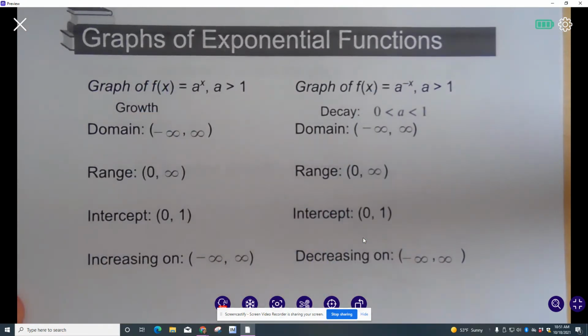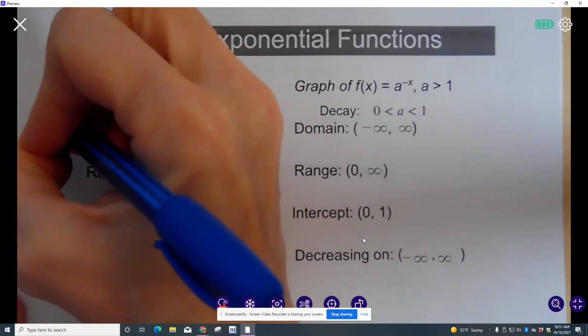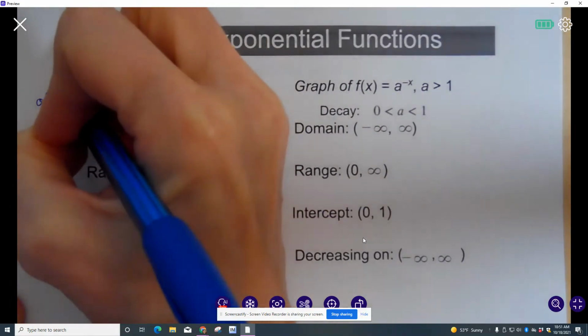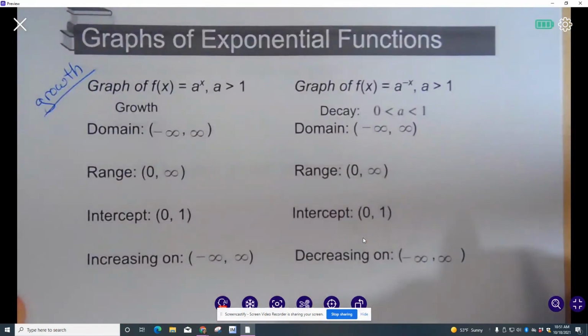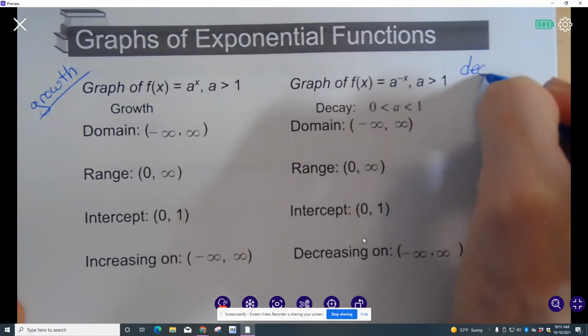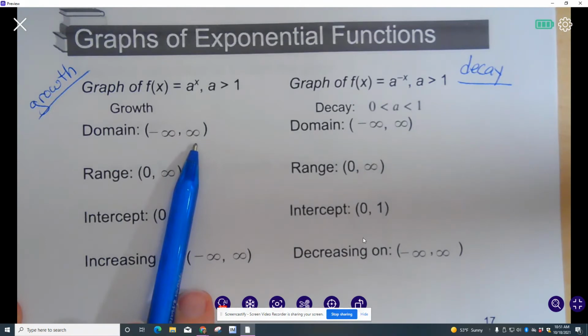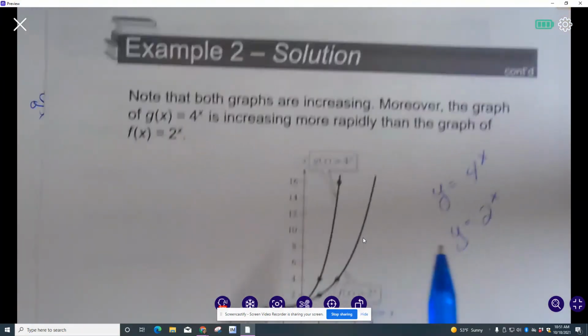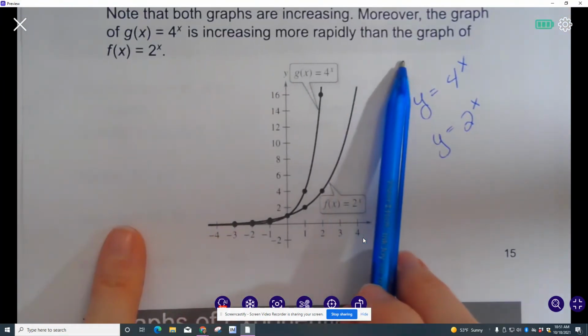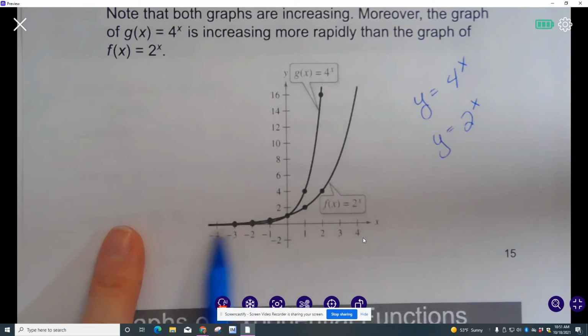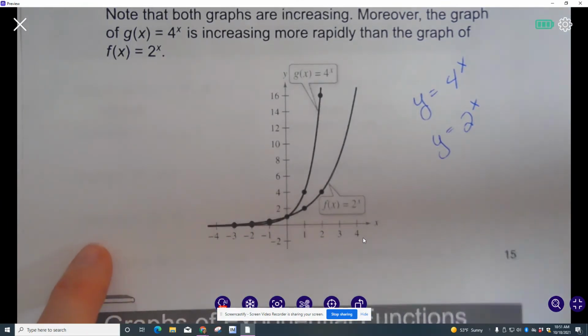So this you're going to want to put in your notes. And this side I would label growth. And this side I would label decay. So the domain and range are going to be all real numbers, because if you think about those graphs that we just looked at, let me put it back for a second, these graphs are going to the right and left forever. So my x values, there's no discontinuities, no holes, no vertical asymptotes.